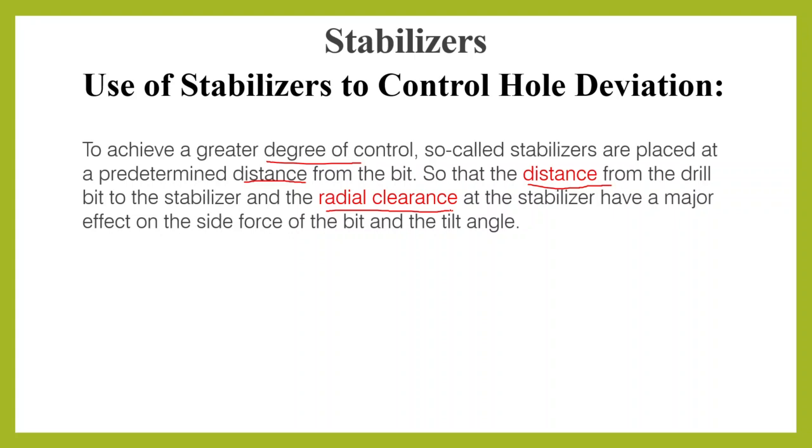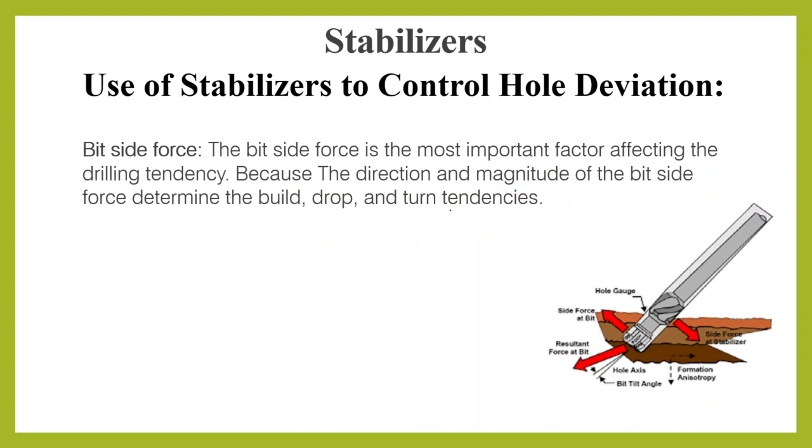At first, defining the bit side force is necessary, because the bit side force is the most important factor affecting the drilling tendency, because the direction and magnitude of the bit side force determine the build, drop, and turn tendencies.